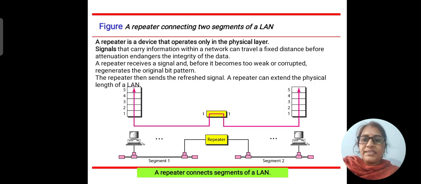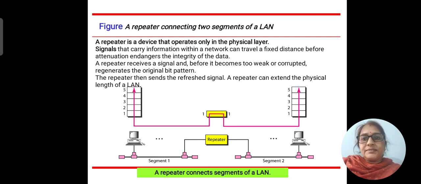So let us see a repeater connecting 2 segments of a LAN. As shown in this slide, we have two systems, system 1 and system 2, connected with the help of a repeater. A repeater is a device that operates only in the physical layer.